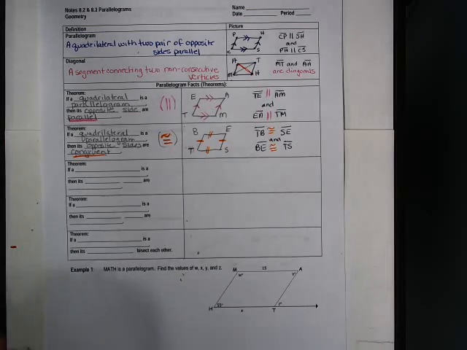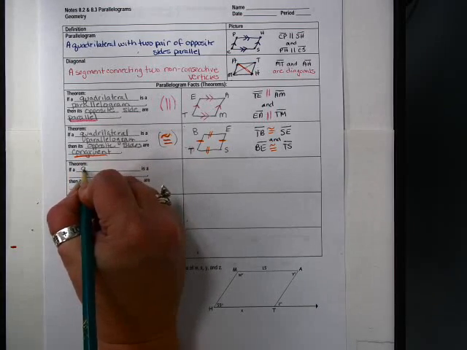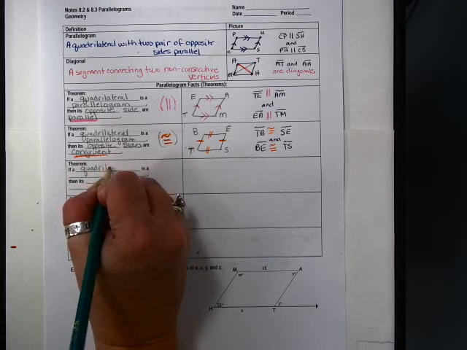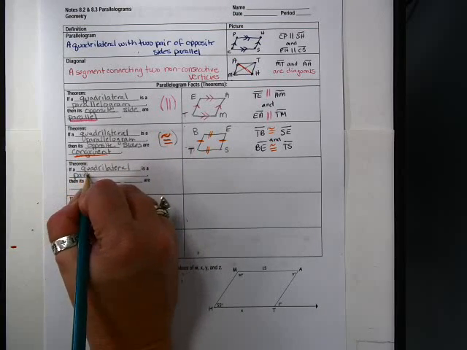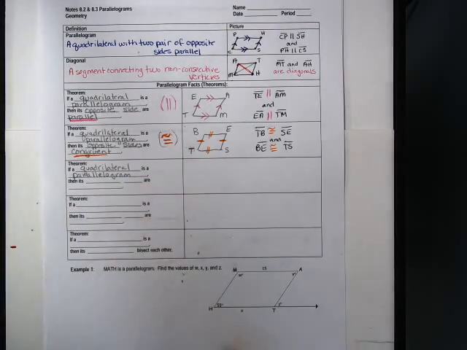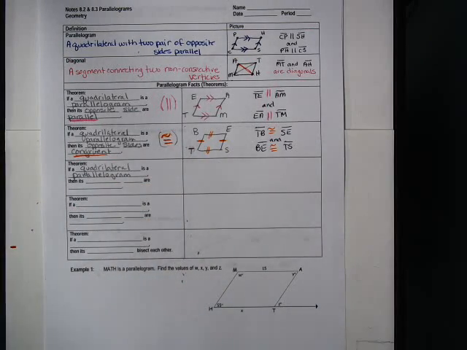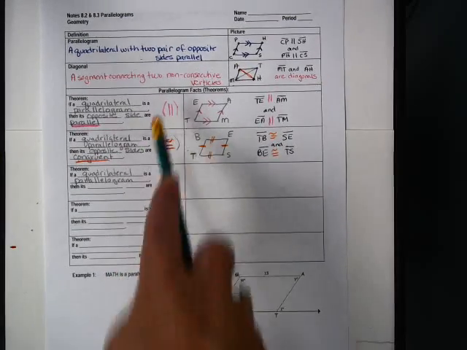Alright, next we have, it looks like it's the same, but this one's going to change just a little bit. We're going to start off the same. If a quadrilateral is a parallelogram, that means if somebody tells us that it is a parallelogram, then these are the facts that we know. First of all, we know opposite sides are parallel.